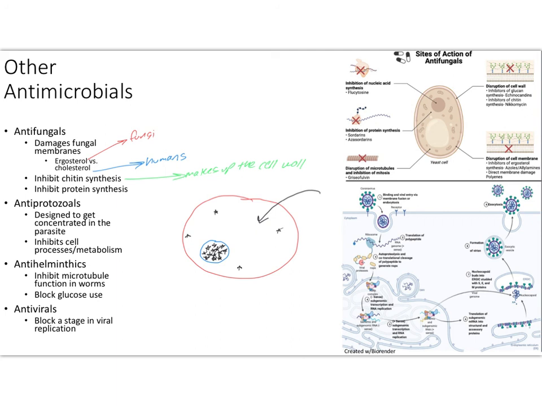Now, our last type of medication is the antiviral. And this is, for the most part, the most difficult type of drug to develop. The reason for that is, remember, viruses are what we call obligate intracellular parasites, meaning they must be inside a living, metabolizing, active host cell to be able to do anything.